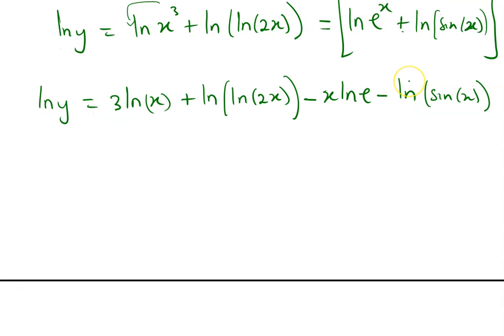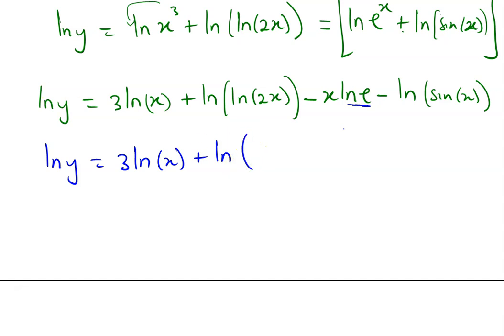Yes, I'm trying to dodge the ln, but I'll still meet it. See, we can differentiate this side, right? Is 1. Okay. So we will say that ln y is equal to what? 3 ln x plus ln into bracket.